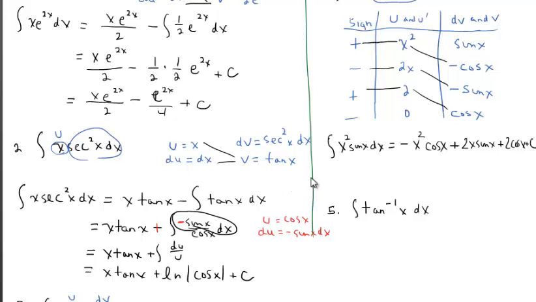So let's LIPET. There's an inverse trig, so that has to be our u. It has to be, because the only thing dx can be is dv. So u is going to be arctan. The derivative of arctan is going to be 1 over 1 plus x squared.